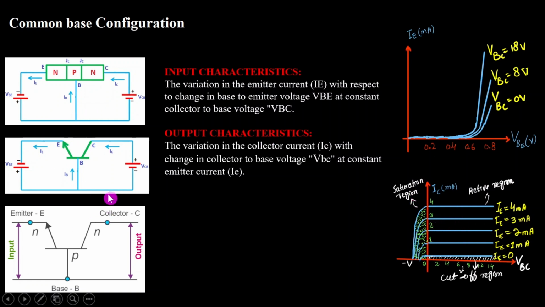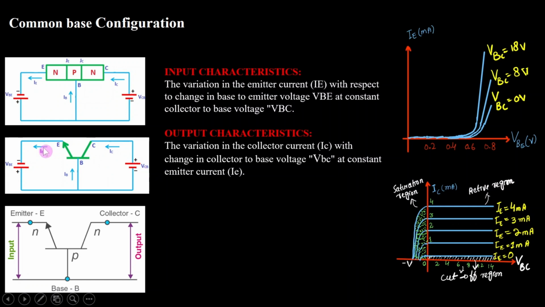So again, what is output characteristic? Output characteristic is actually the experimental setup in order to take the output from this transistor by taking the IE as constant, and we are going to change this IC by changing this VCB.